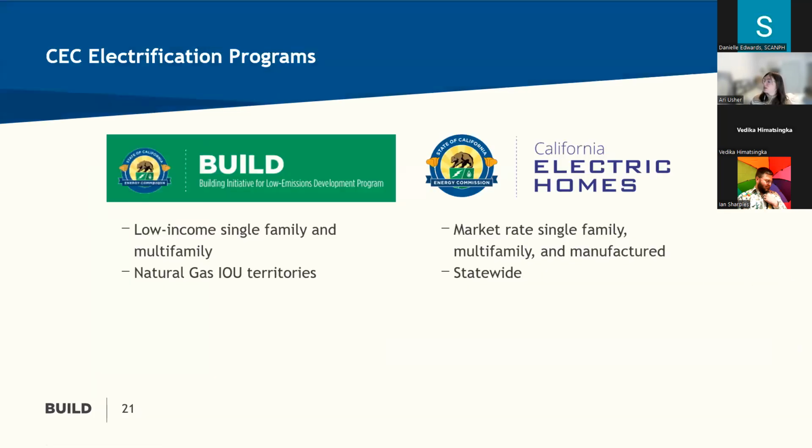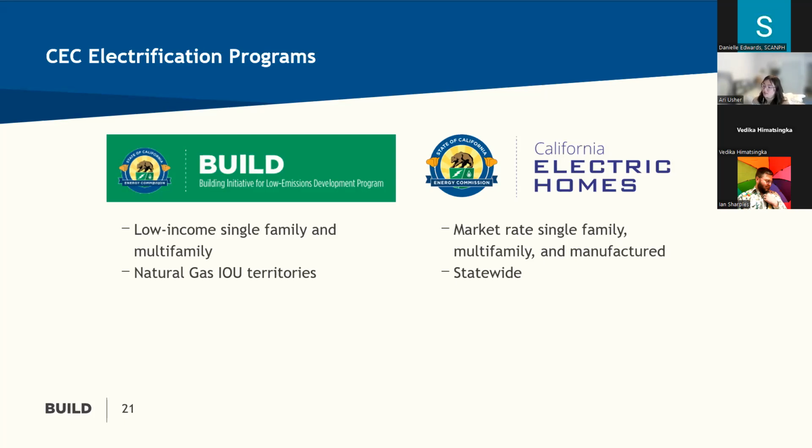So first of all, we've got CEC electrification programs. We've got Build, which is for low income, single family and multifamily, located in the natural gas IOU territories. And then the flip side of that is the California Electric Homes program. So this is really serving market rate residences, single family, multifamily, and manufactured homes, and it is statewide.